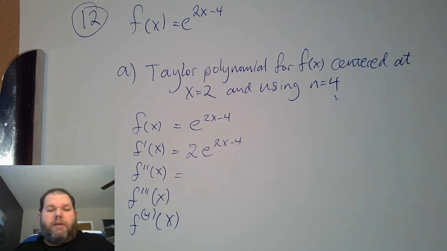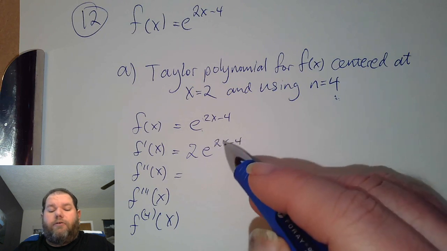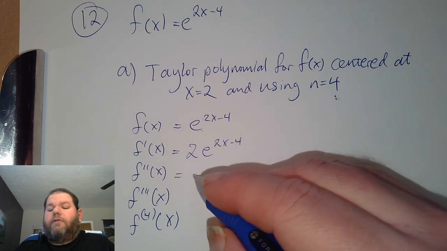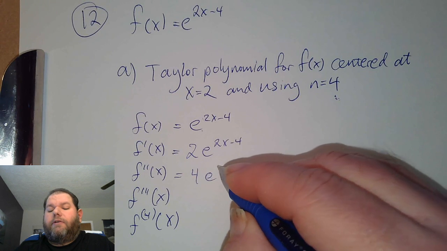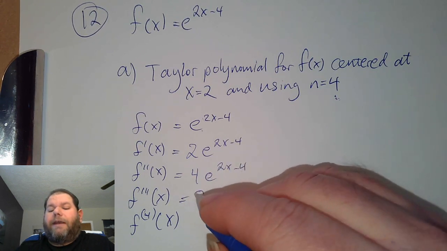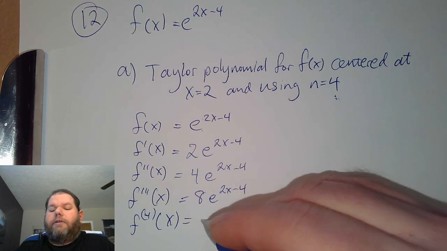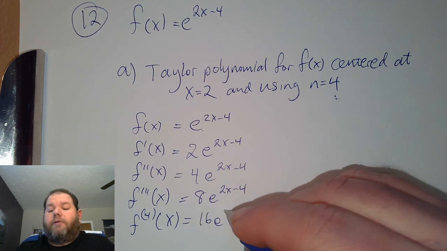So what ultimately happens here is each time we differentiate, we're going to multiply by this 2 from the exponent. So the next one will be 4 e to the 2x minus 4. The next one will be 8 e to the 2x minus 4. And the last one will be 16 e to the 2x minus 4.